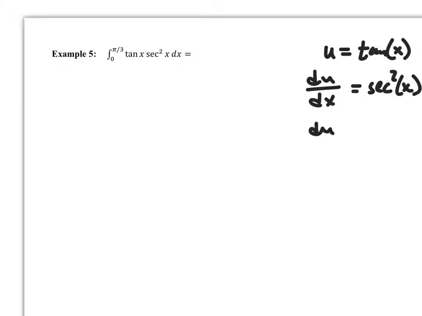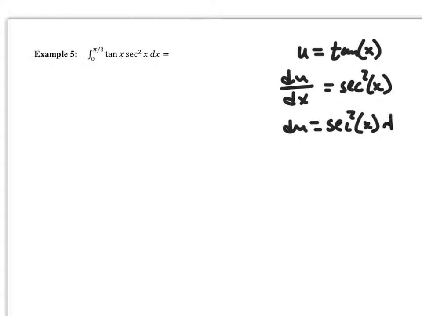So du, and it's really nice when this happens, when du comes out to be the exact value that you have in your integral, you should say thank you very much, because now I can do a direct substitution there, and all I'm doing is 0 to pi over 3. Tangent is u, secant squared dx is du, and the integral of u is u squared over 2.